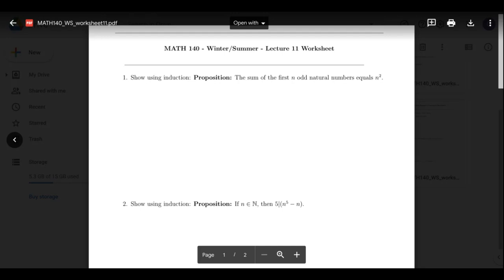Okay, prove P of 1, assume P of K, prove for P of K plus 1. You assume for the K case, you assume P of K and use it for P of K plus 1.